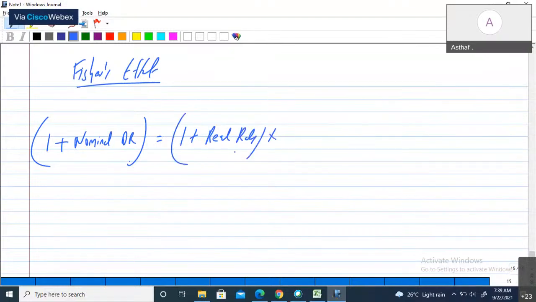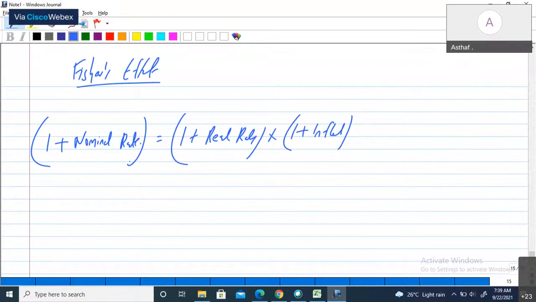That is, you are finding out the inflation adjusted rate. Nominal means inflation adjusted. This is very relevant for you to solve problems.